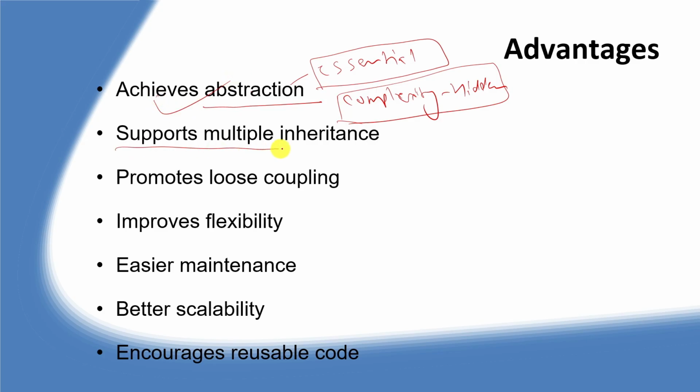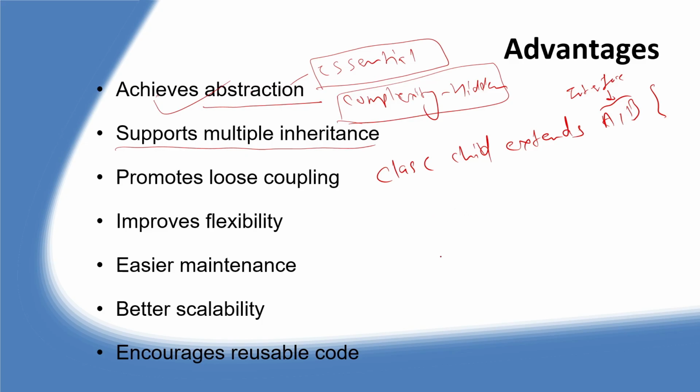And we have seen how we can achieve multiple inheritance using an interface. Multiple inheritance means one child class having two parent interfaces, let's say A comma B. These are interfaces. So one child and two parents, multiple inheritance.